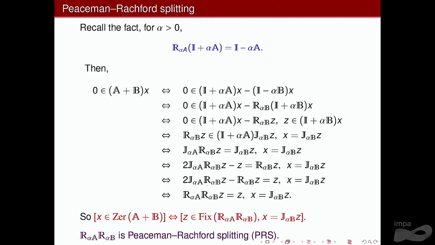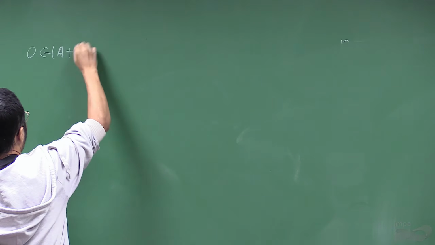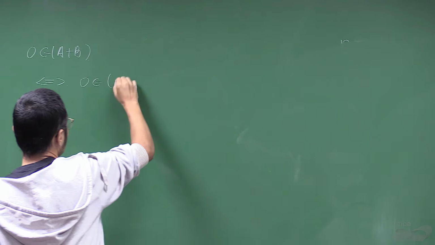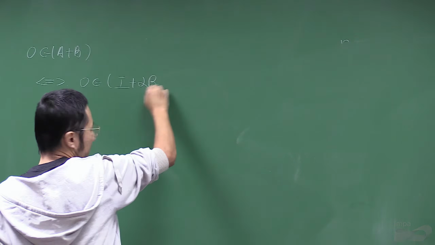We can do it on the blackboard. First, we begin from the solution side. 0 belongs to (A plus B)x, which is equivalent to 0 belongs to (I plus alpha A)x minus (I minus alpha B)x.